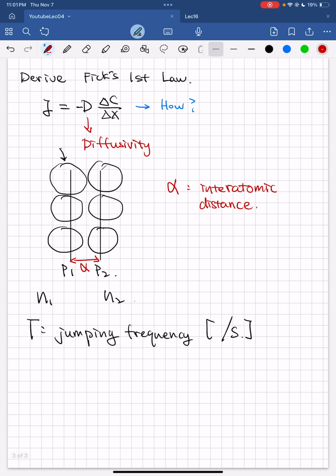So basically it means how many times it will jump. Let me write it for you. So how many times the atom jumps per unit diffusion length.